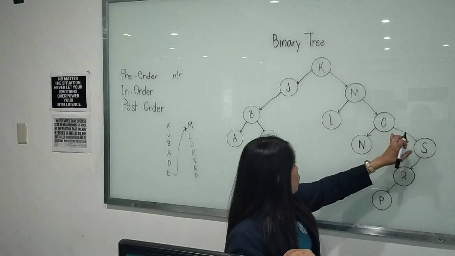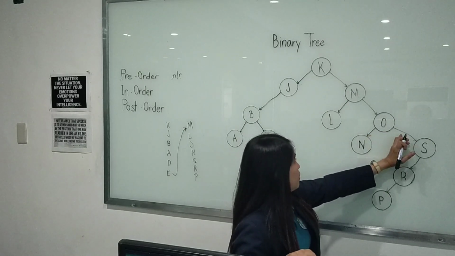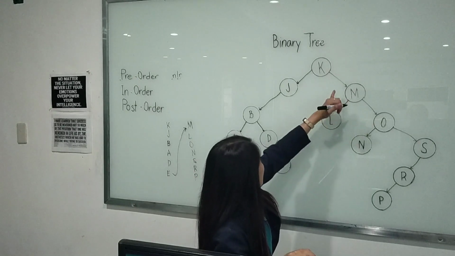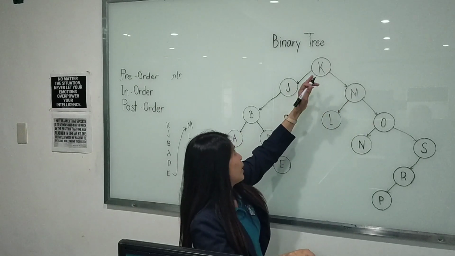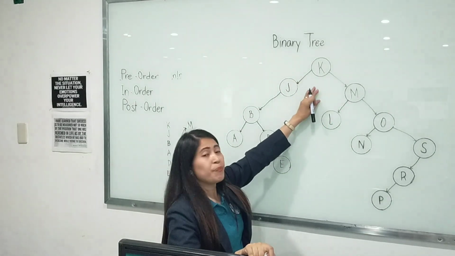So we will go back to the O, and since we're done with the left subtree and right subtree, we will go back to the M, then finish again, then we will go back to the K. Since we already visited the left subtree and the right subtree, we're finished.